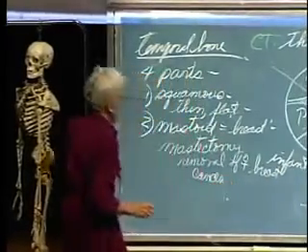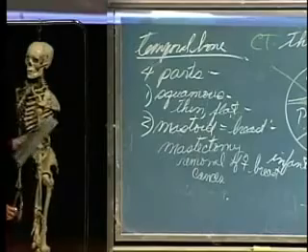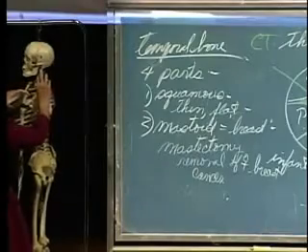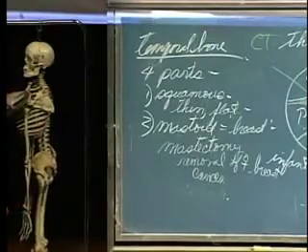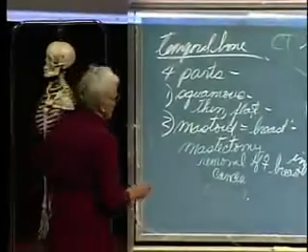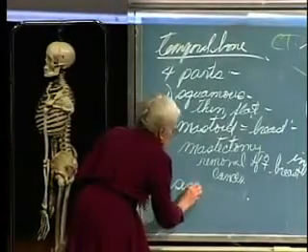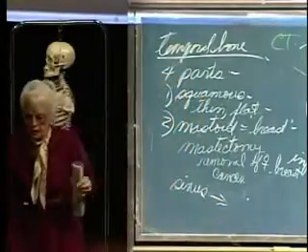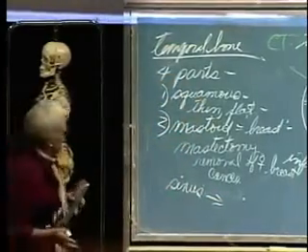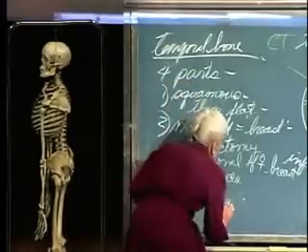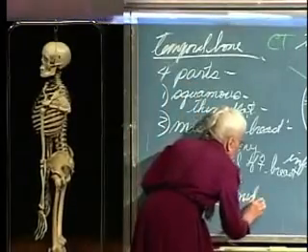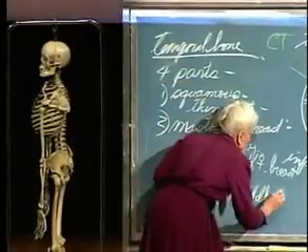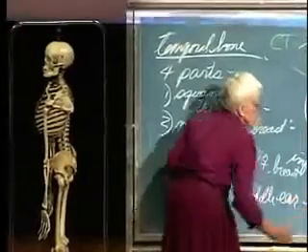All right? But your mastoid process has a sinus in there. So your mastoid has a sinus, and it's an important part of your body because it connects to your middle ear. Connection.